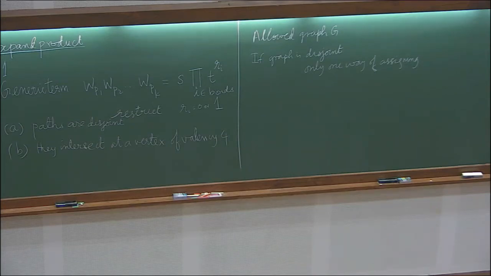I take only one kind. So if there is an anti-clockwise and a clockwise, you take only the clockwise, or anti-clockwise, one of them. So this is the possibility A.